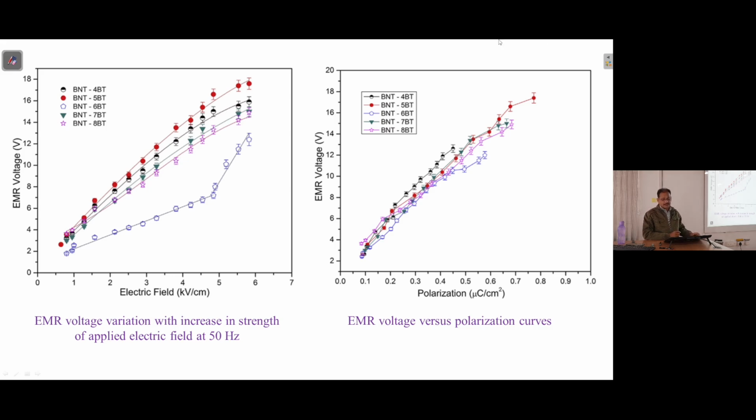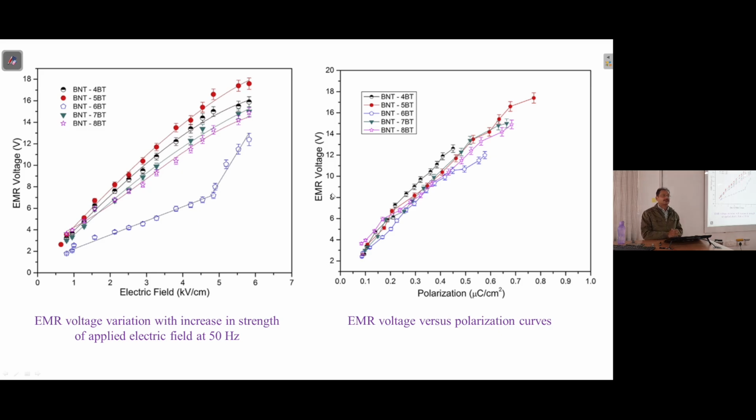Additionally, we have the EMR voltage versus polarization. Here also we could obtain a good correlation. What we see is that the extent of polarization achieved is proportional to the voltage obtained.